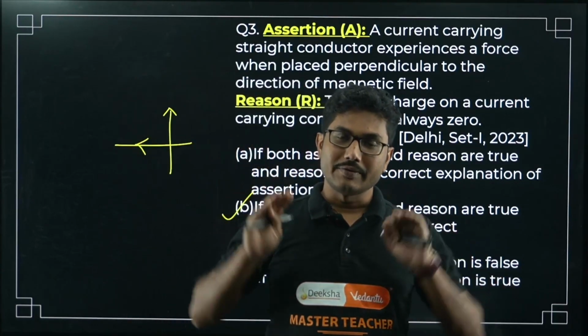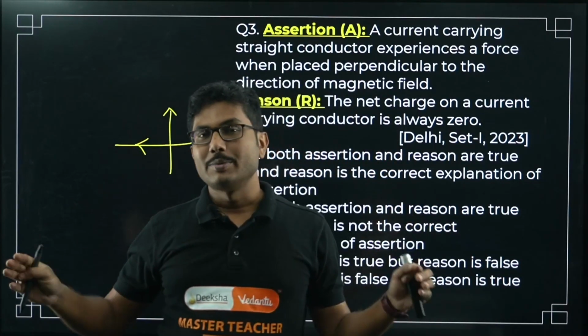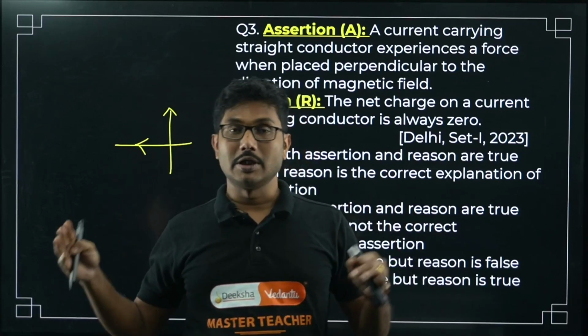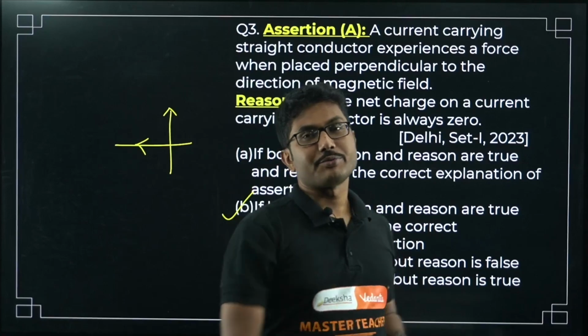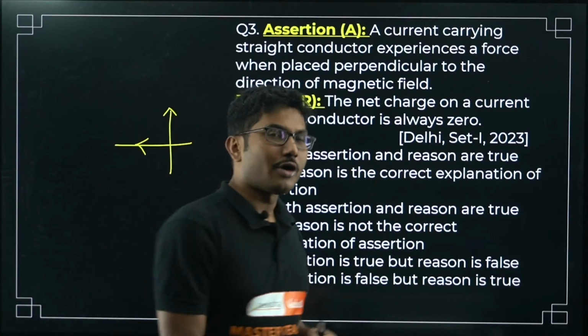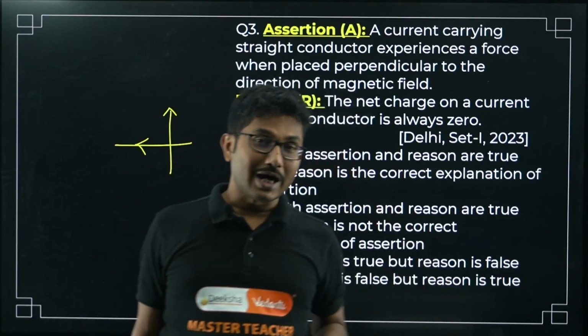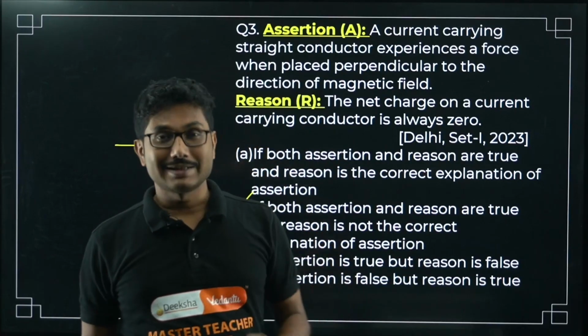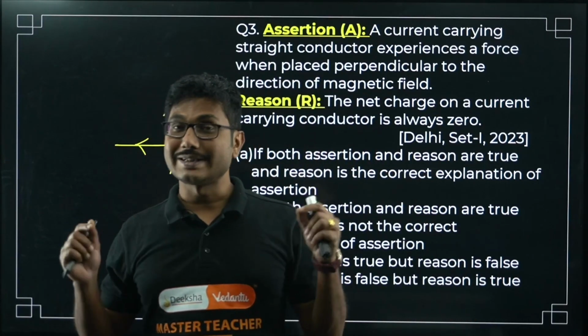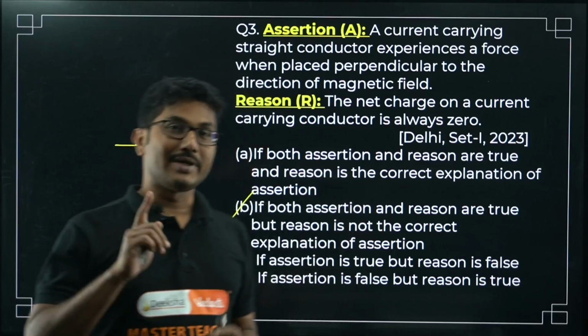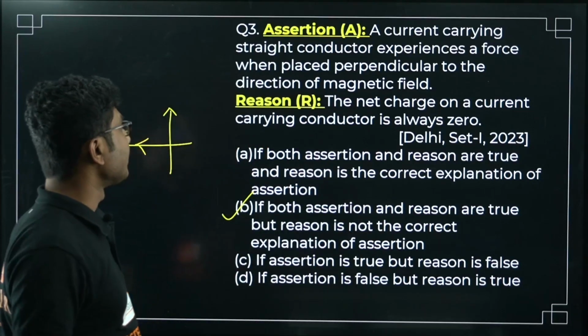That's why, even though the conductor is under the influence of a potential difference, only the potential difference is responsible for the flow of current, not any excess charge. If you charge it separately by static electrical methods, then it will have excess charge. Otherwise, when it is carrying current, it will not have any excess charge.